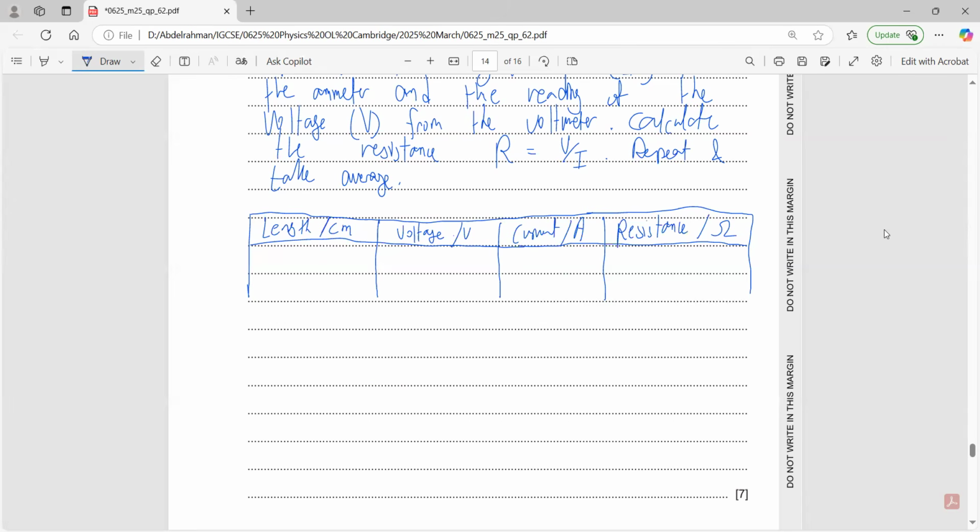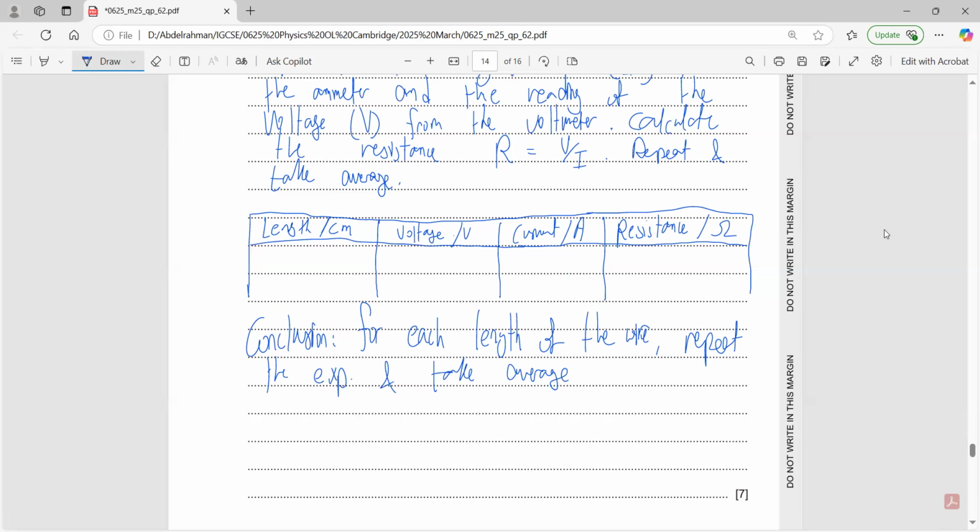Now we have written down the steps, we have the table. What is one conclusion that I can write down? It's a very systematic conclusion. For each length of the wire, repeat the experiment and take average, and then record the readings in the table.